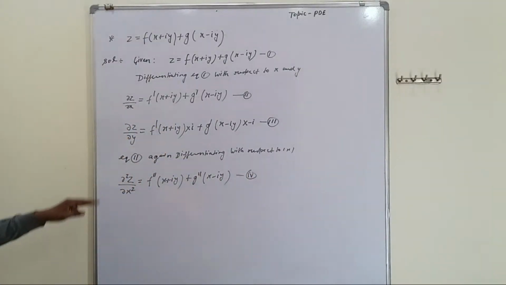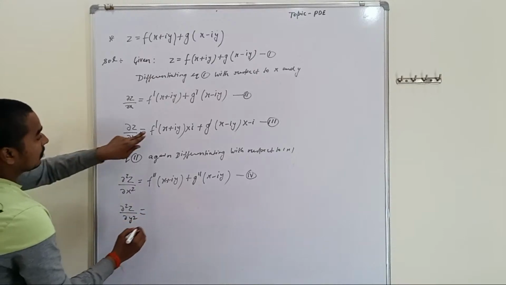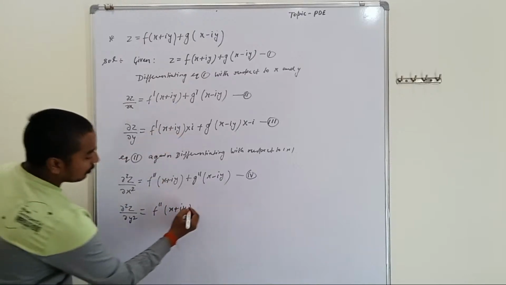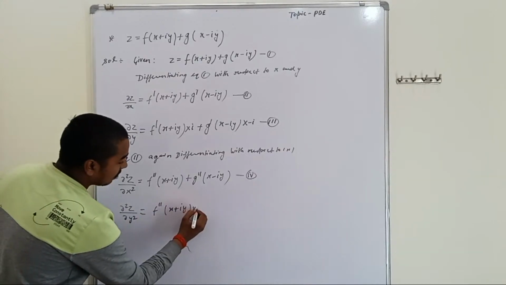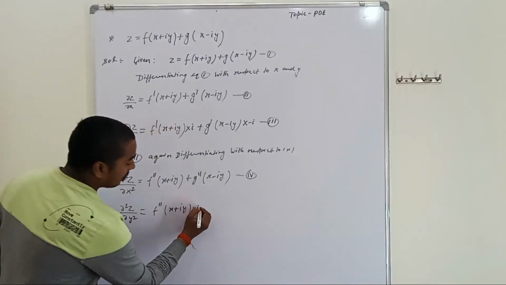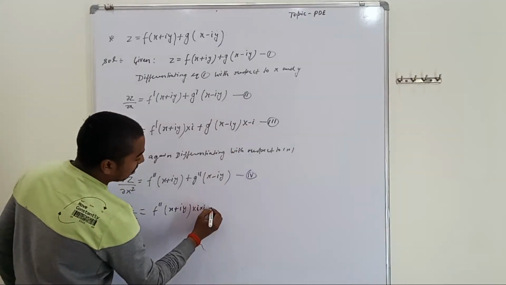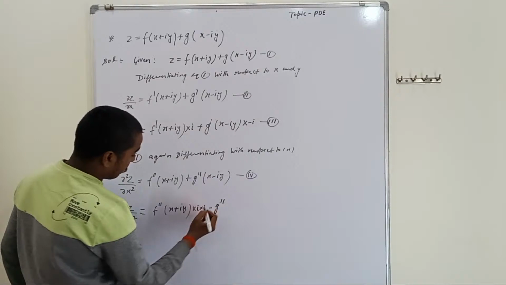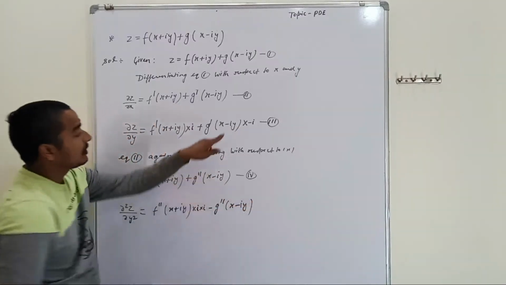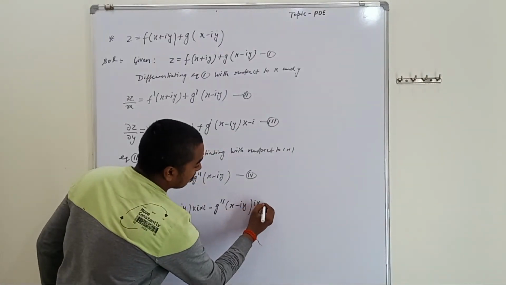And differentiating equation third with respect to y, that is del 2z upon del y square is f double dash of x plus iy, into i which is already present, and again differentiating x plus iy with respect to y gives i into i, plus, minus already present, that is minus of g double dash of x minus iy, and i into minus i.